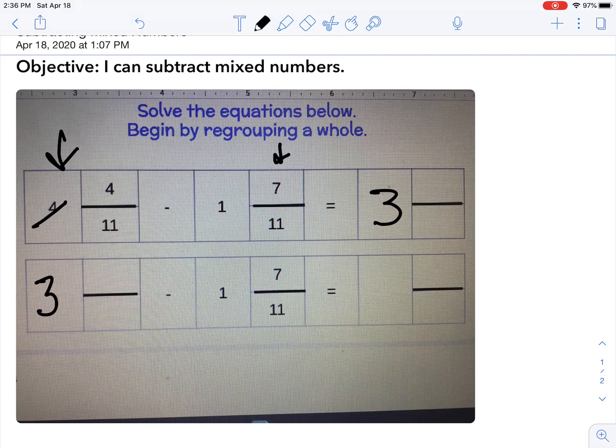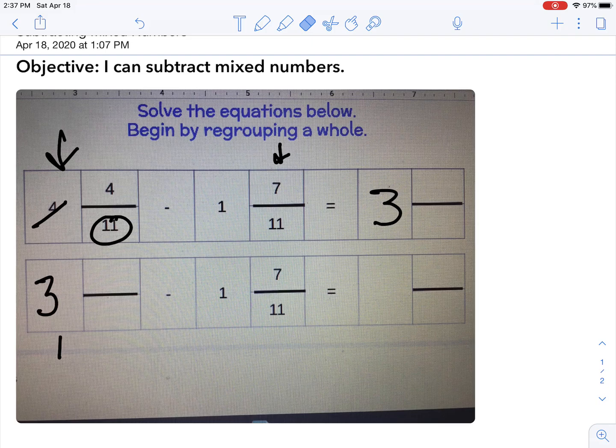So automatically what you can do, say down here, is here's your borrowed 1 whole. You know the denominator is 11 because that's the denominator you're working with up here. And to make a whole number, remember the denominator and numerator have to be the same. So this number is going to be what? Yes, it has to be the same. It's 11.